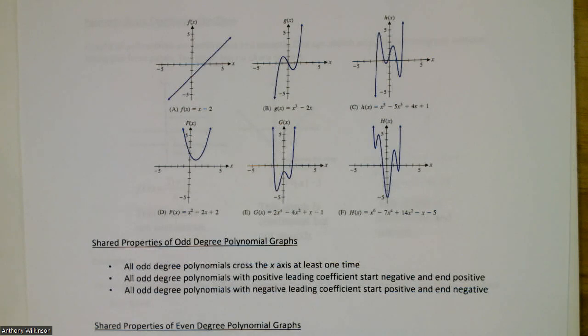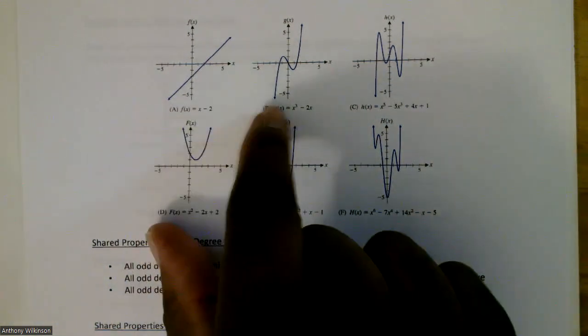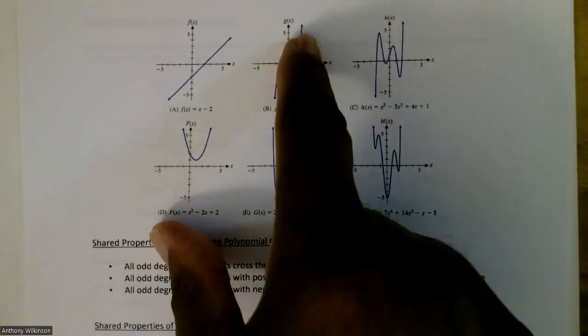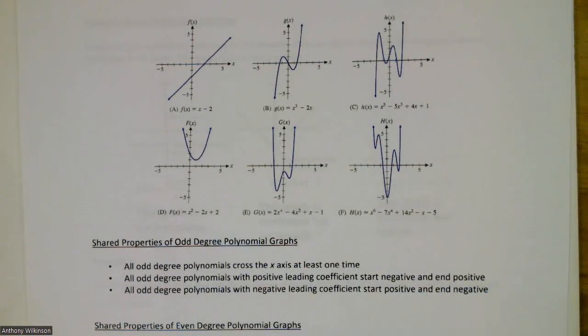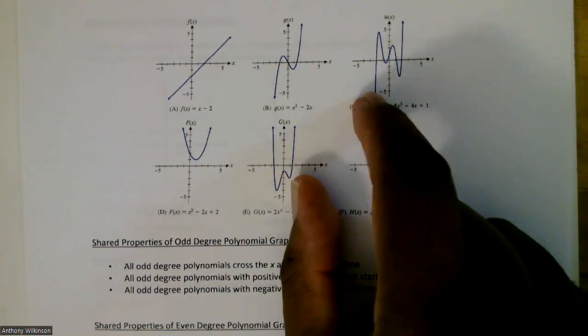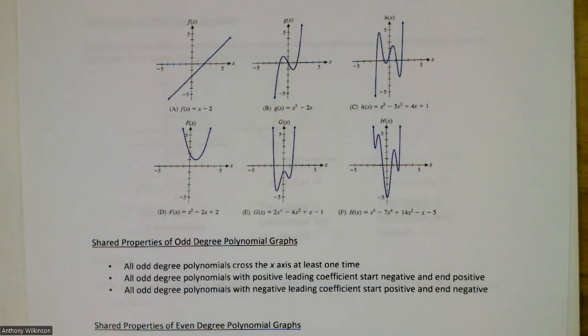All odd degree polynomials with positive leading coefficients start negative and end positive, like this one right here, and it ends up positive. Same thing with this one, it starts negative and then ends positive.